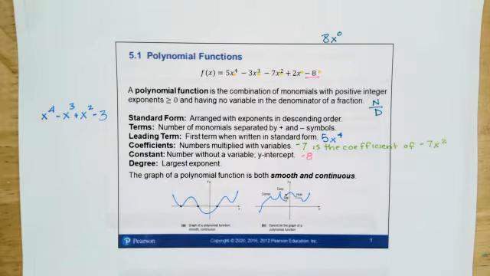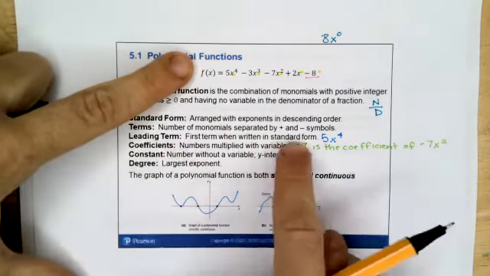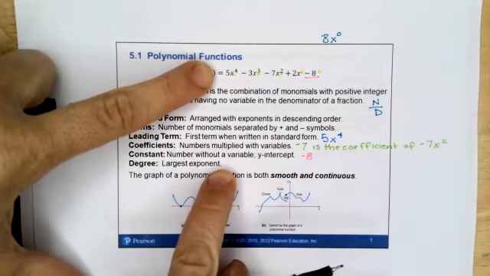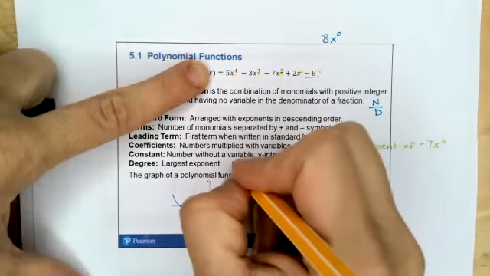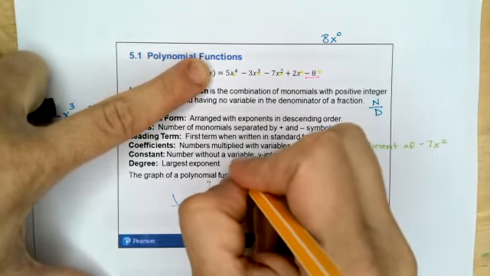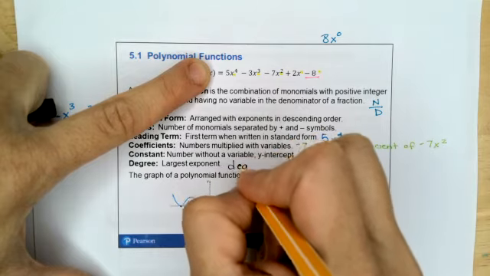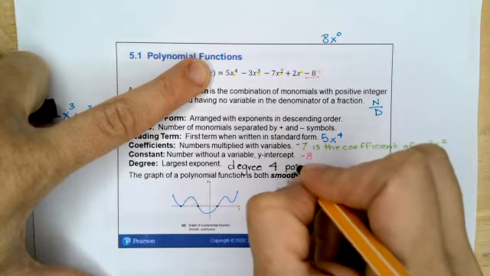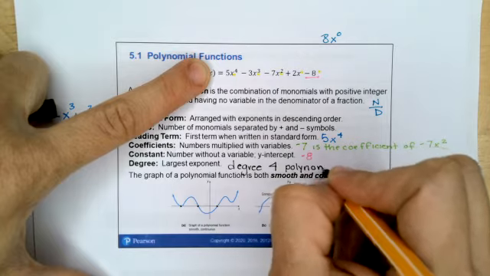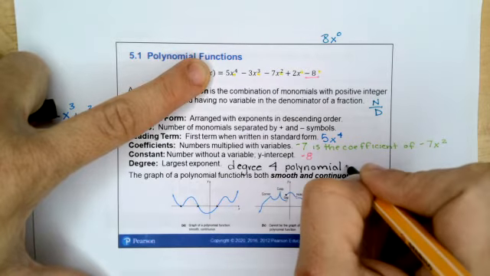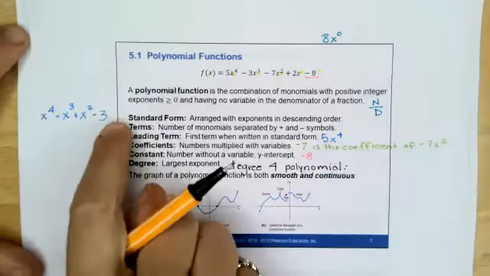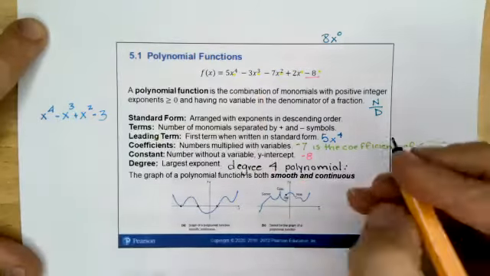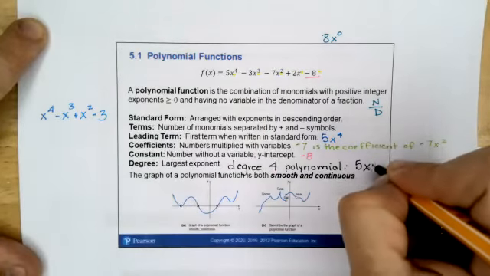The degree is the largest exponent. So our leading term was 5x to the 4th. The degree of 5x to the 4th is 4. So we're saying this is a degree 4 polynomial, because when we put it in descending order, the largest degree was 5x to the 4th.